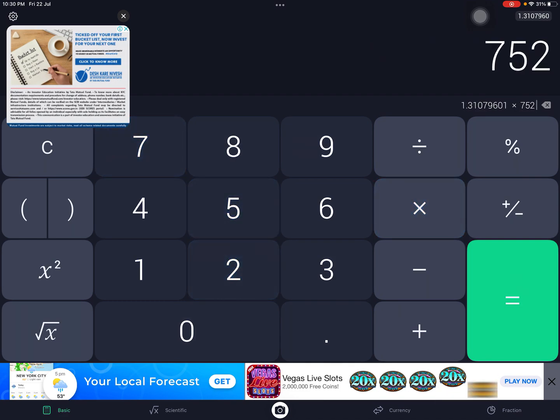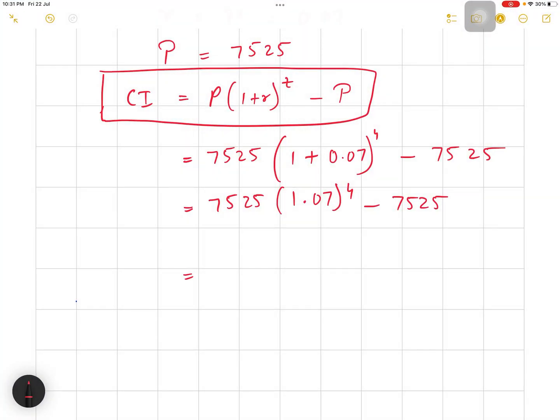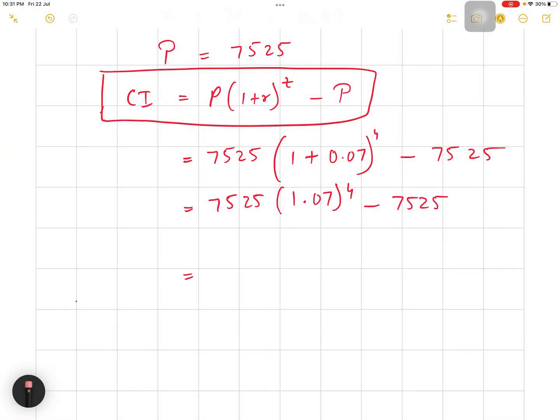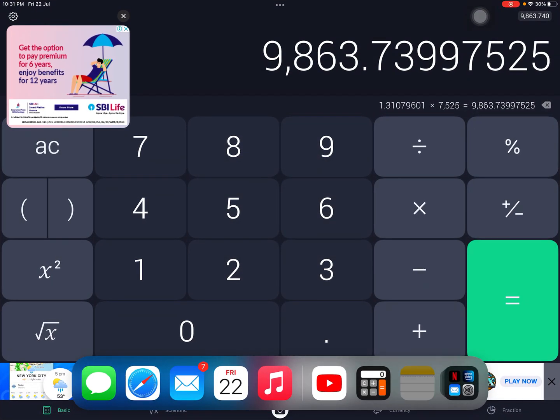Now when I multiply, it becomes 9863.73997, which I will round off to 4 decimals. So this makes it 9863.7400.